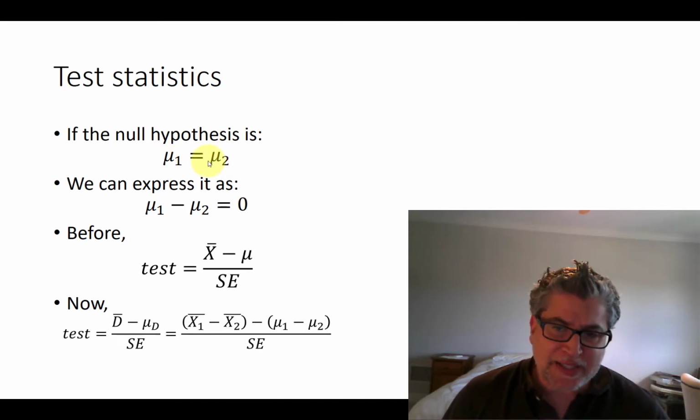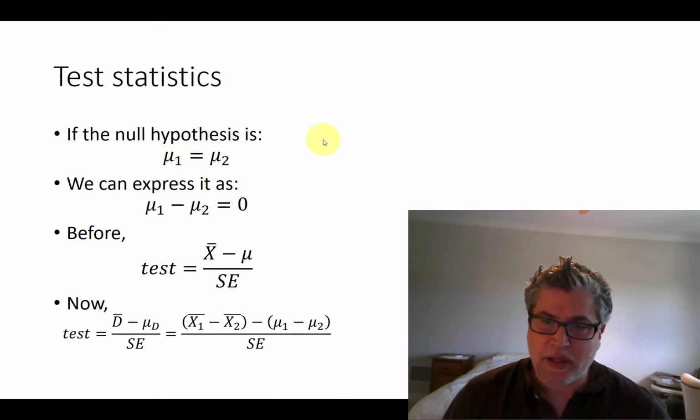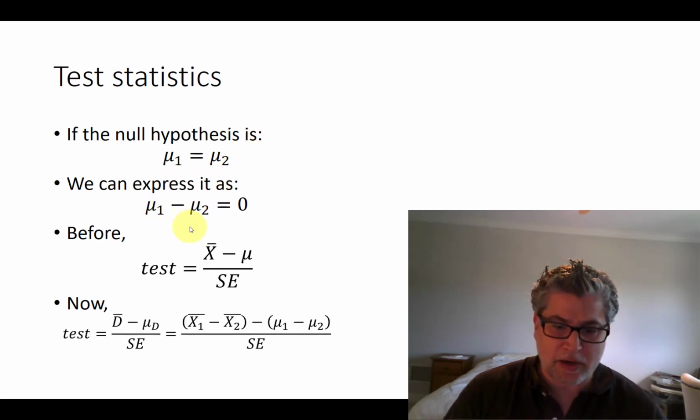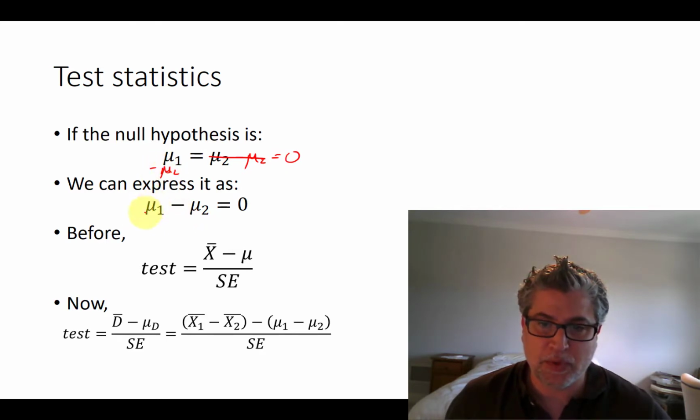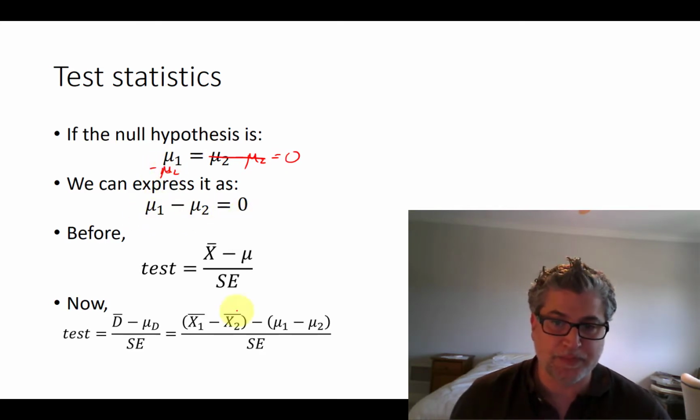Now we can express this equality like this right here, where if we just subtract mu2 from both sides, this becomes 0. And so we have mu1 minus mu2. mu1 minus mu2 is equal to 0.